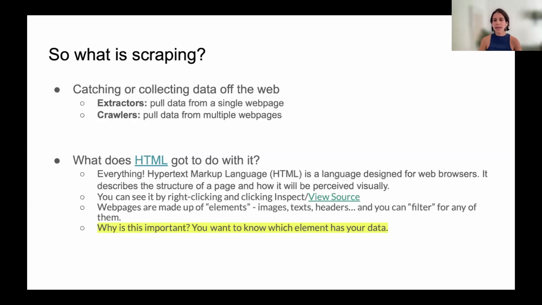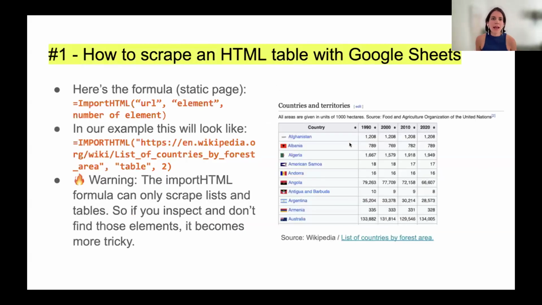So what are these elements? They are tables, images, texts, headers. And we need to really sharpen our eye to be able to look at the elements. Because basically, when we're web scraping, we need to understand what element has the data that we're interested in. Is it a list? Is it a table? Understanding those elements and the data that they contain will help drive your scraping efforts.